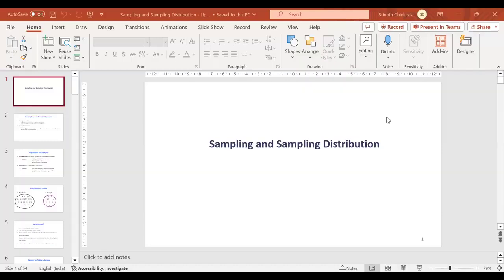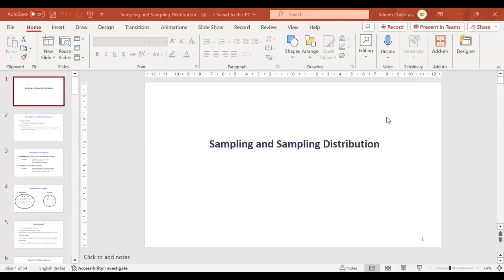So population is something where, let's suppose you have to do an analysis, and for that analysis you have to capture or consider every entity or every unit. If you consider every unit, then it becomes the entire population.